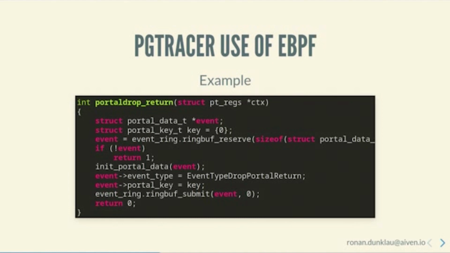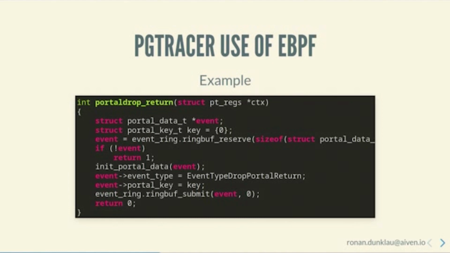The idea is that we attach this function to be run every time the portal drop return is executed in Postgres itself, and we make use of the eBPF-provided facilities like the ring buffer. eBPF provides us with several data types that are managed inside the kernel, like hash tables, and we can use this to store information and send it so that a program in user space can read it and do something about it.